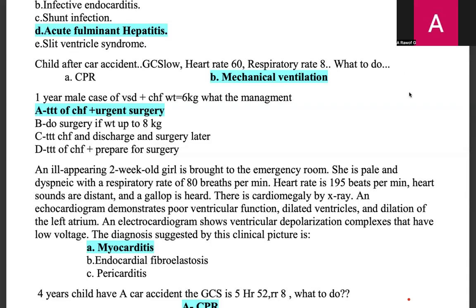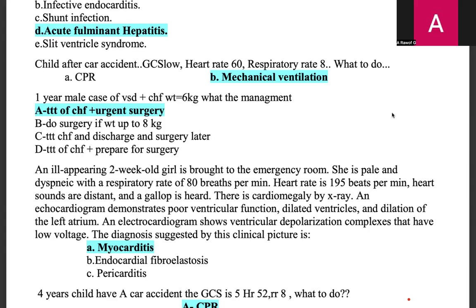So respiratory rate 8 is very low. That means the child is gasping. Child after car accident, GCS is very low. Heart rate is 60. Respiratory rate is 8, means the child is gasping.